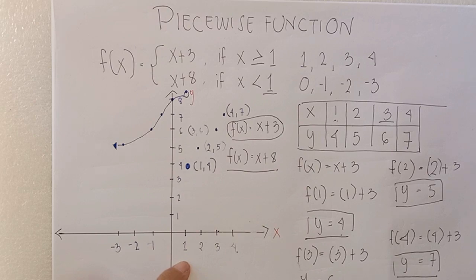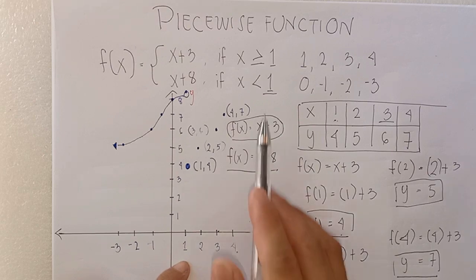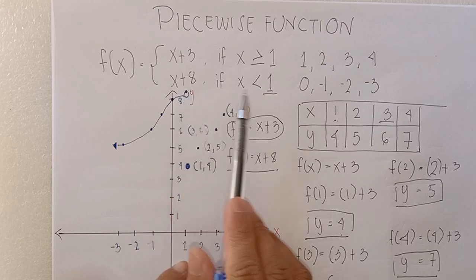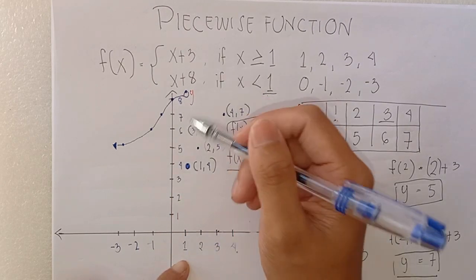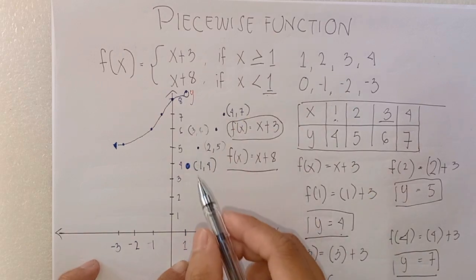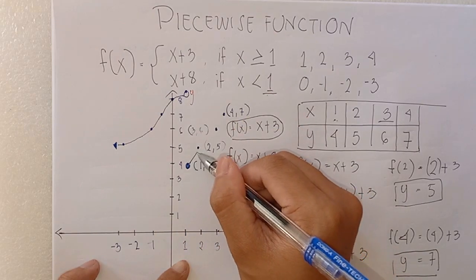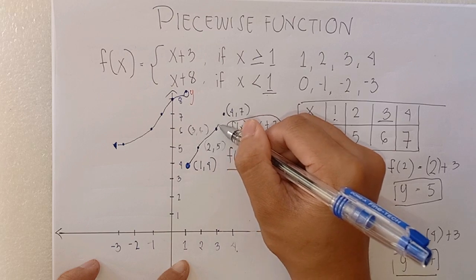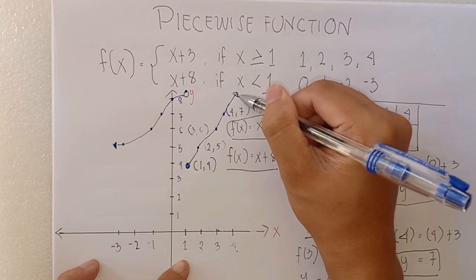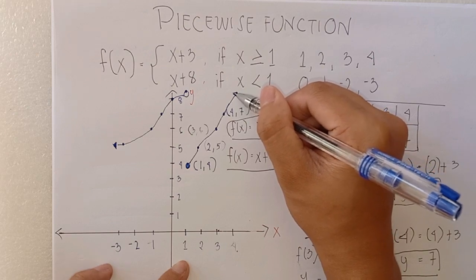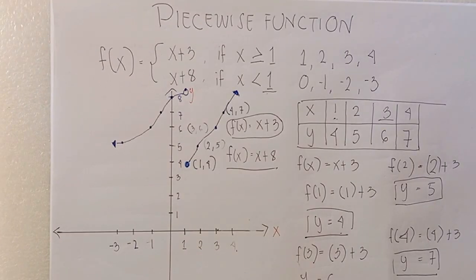Meanwhile, if it is not included, like in the function x plus 8 where 1 is not included, 1 will appear as an unshaded point, and we will connect each point. So the graph of a piecewise function will look like this. So that is all for solving and graphing.